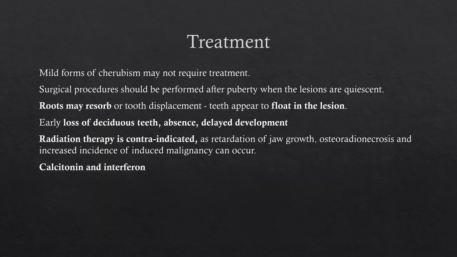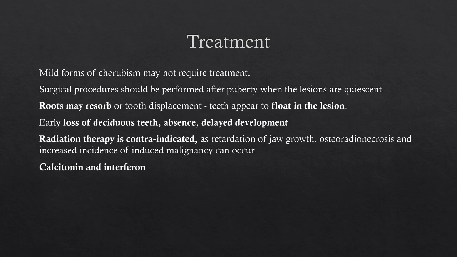Treatment: if it is a milder form, no treatment is required. Surgical procedures can be done after puberty, and roots may resorb, teeth can be displaced, and teeth floating in air is one of the common radiographic features for cherubism. Early loss of deciduous teeth and absence or delayed development of the permanent teeth can occur.